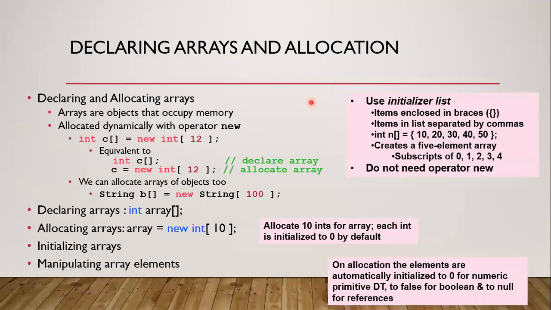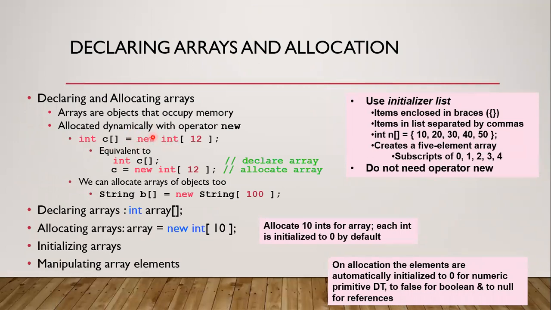Here we look at how we actually declare the array and how the memory is allocated. To declare an array, we can say int c square brackets. By putting the square brackets, we say this is not a normal variable. This is an array type variable. The type of the array is int, equal to new int.